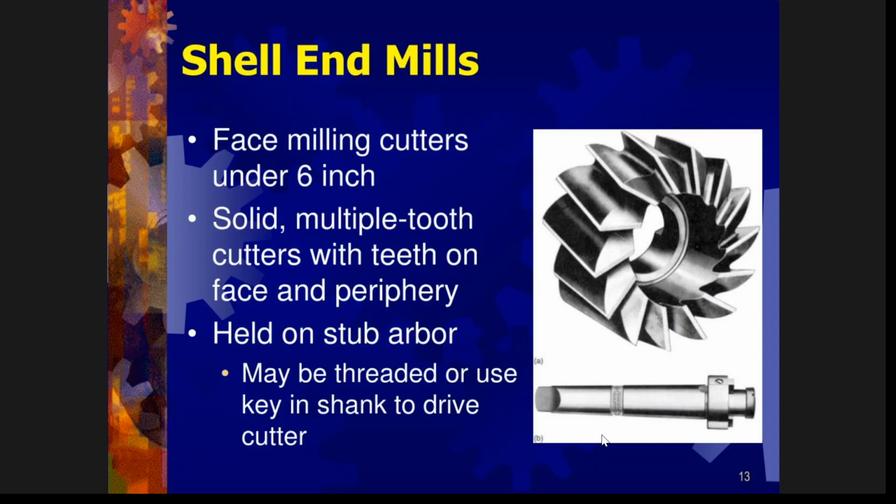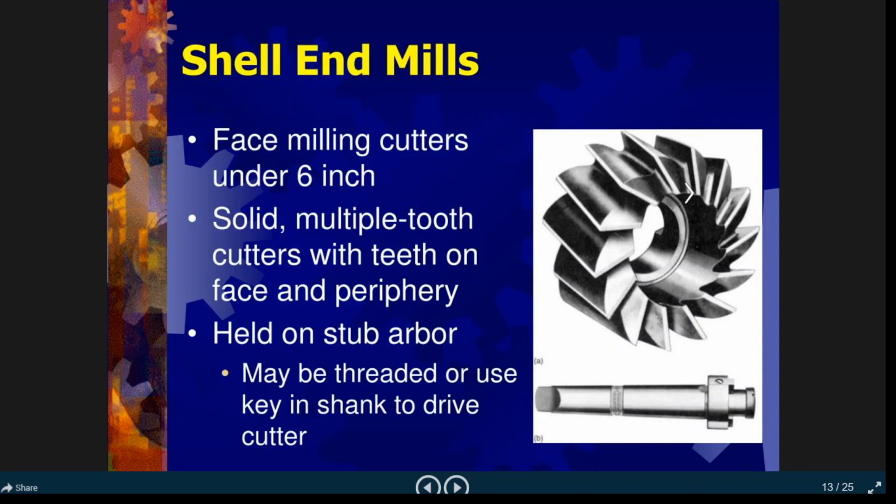End milling cutter. End milling cutters are also face milling cutters. The difference is that they have cutting edges on both the periphery as well as the face, and they are solid multiple tooth cutters with teeth on face and periphery, held on a step arbor, may be threaded or use a key in the shank to drive the cutter. This is normally used. This shank type holder is used for the end milling cutter.